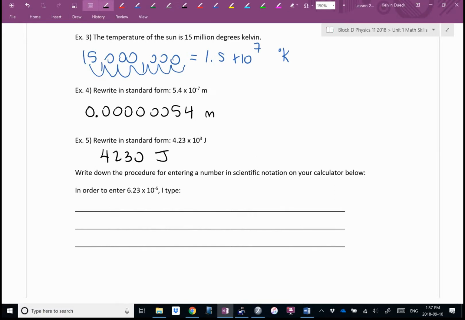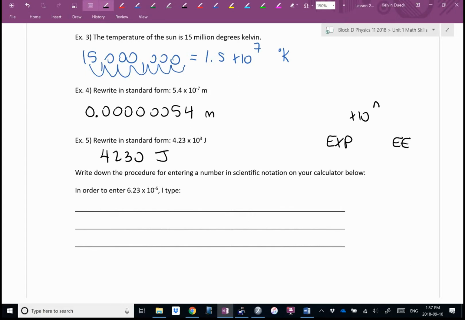What you want to do on your calculator is see if you have an EXP button or an EE button, or a times 10 to the N button. Most of you, it'll be right beside the equal sign, just to the left. Some of you, it'll be right above the number 7.